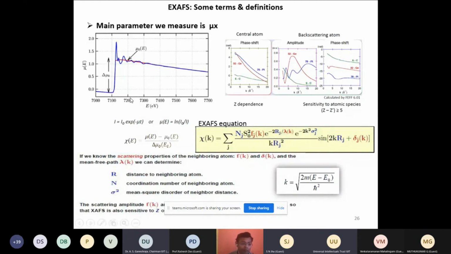From this mu, we get the EXAFS function chi(E) by using this equation, where mu(E) is this plot, whereas mu0(E) is the monotonically decreasing mu(E), as if there is no backscatterer.